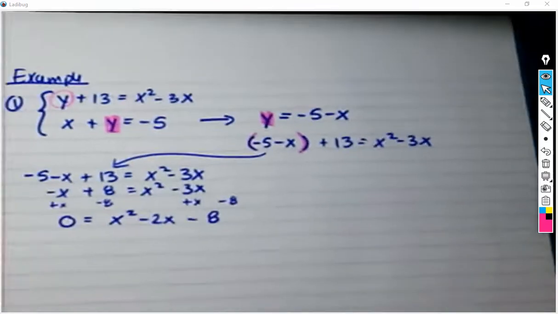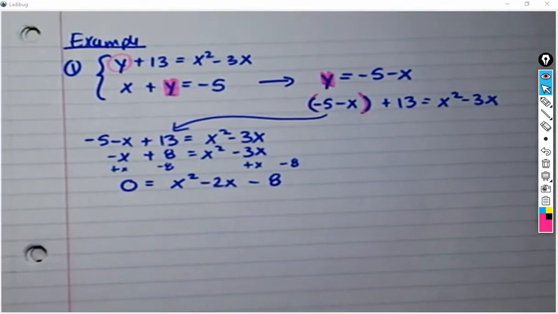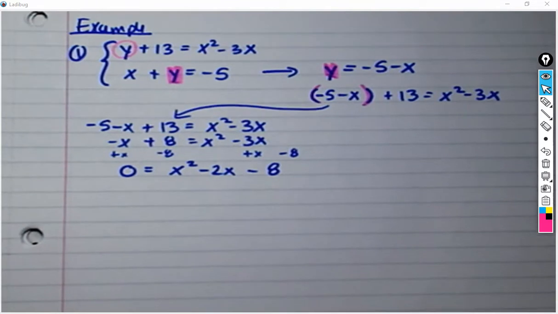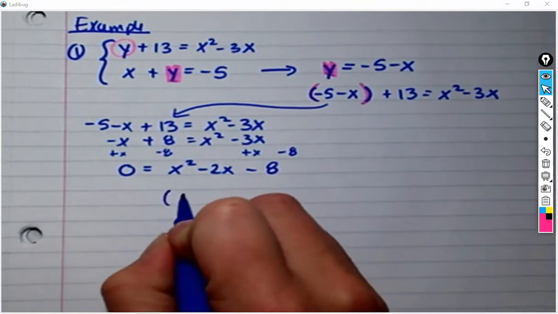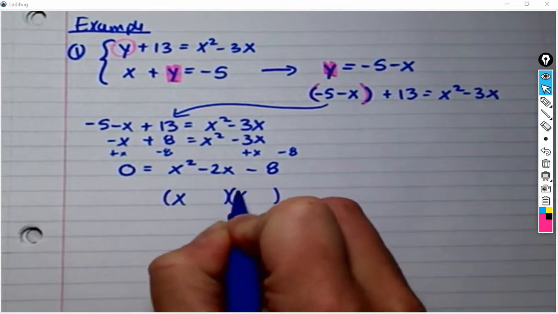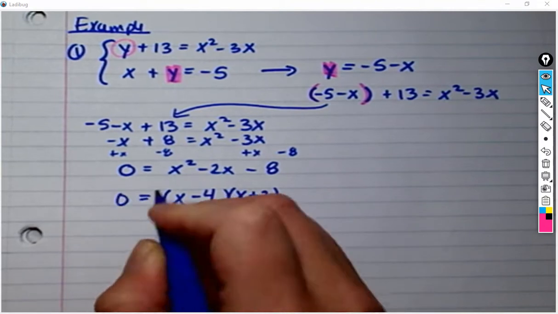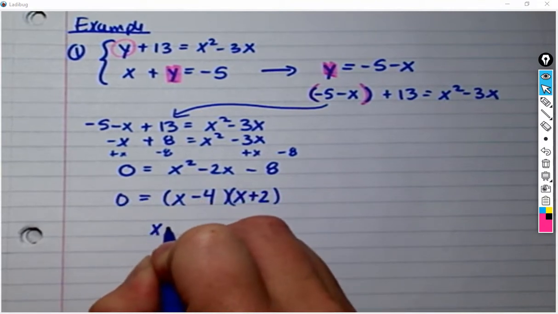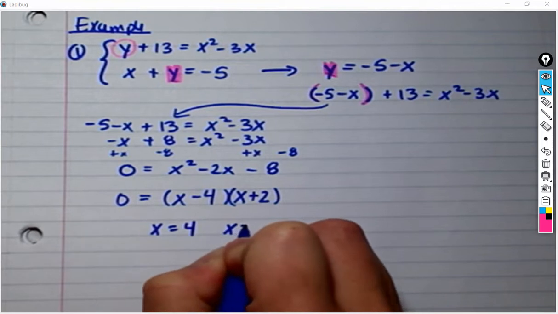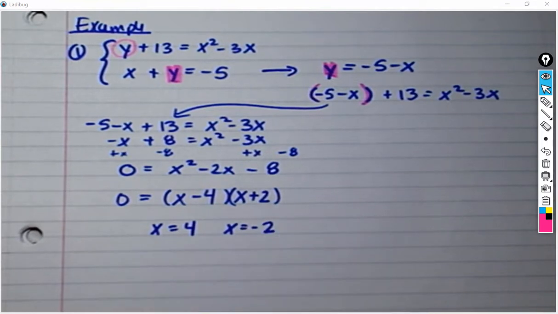Isolated, combined. Does it factor? Yes. Right. Okay, so I have two x coordinates.